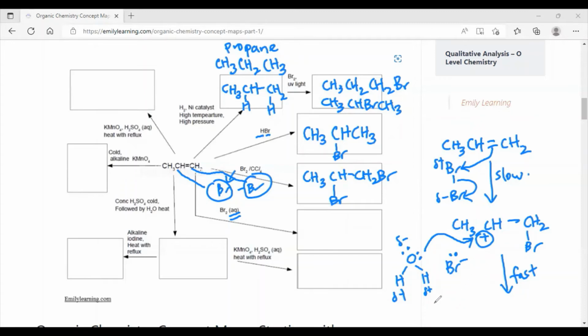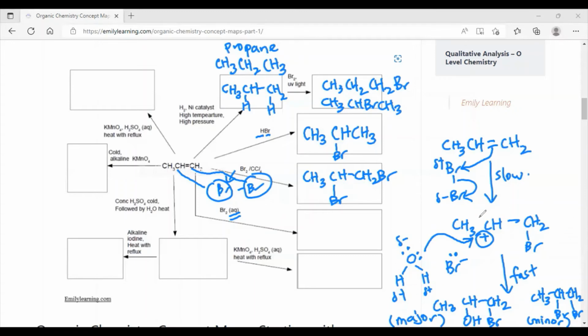So therefore, this compound here will be formed in greater amount compared to this one here. For this product here, it is formed when the carbocation reacts with water.